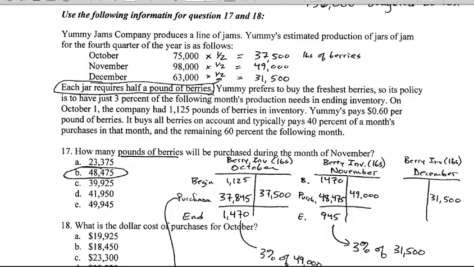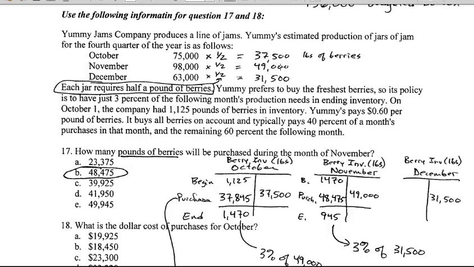It says that ending inventory is equal to 3% of the following month's production needs. So with that, we can now calculate how many pounds of berries we're going to purchase in November. So in November, we know that we are going to produce and need 48,000 pounds of berries so that we can meet that month's sales quota.